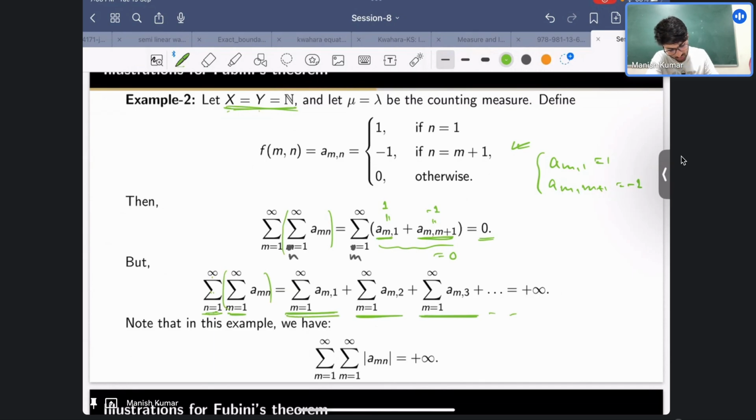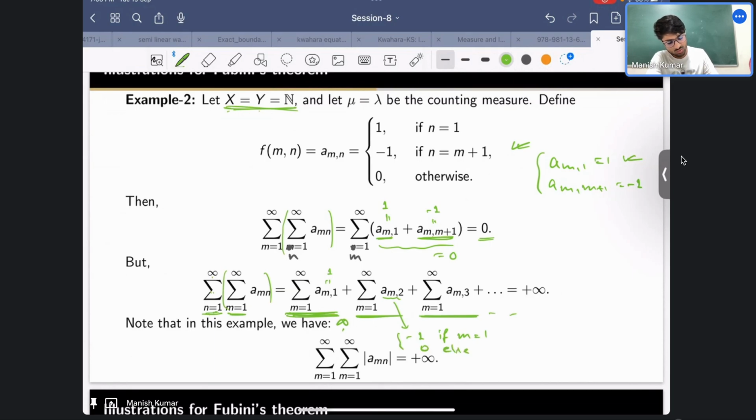Now you see this quantity: a_{m,1} is always 1, so summing it is infinity, because you are summing 1 infinitely many times. Now a_{m,2}: if m is 1, then this will be minus 1, else 0.